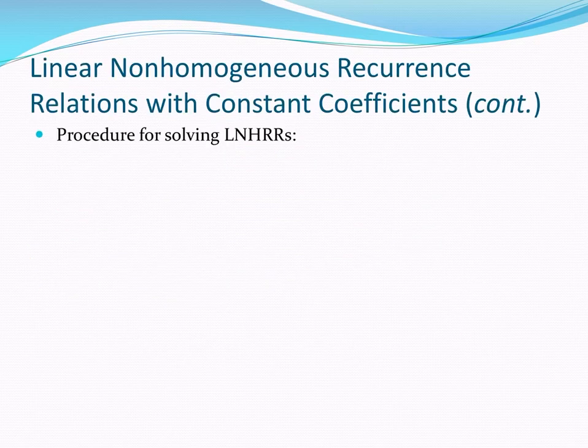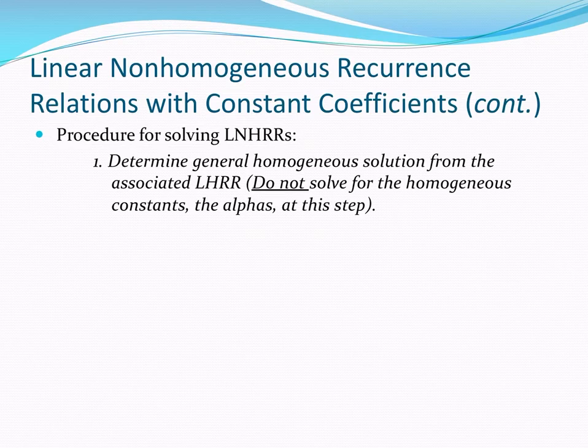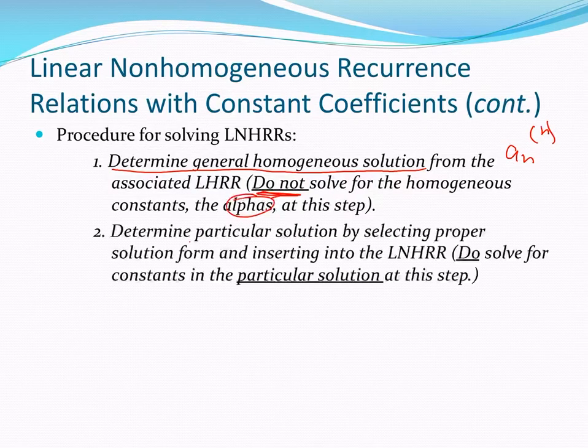Here's the procedure you want to keep in mind for solving linear non-homogeneous recurrence relations. First, we tackle the homogeneous recurrence relation, find the general homogeneous solution, and write it down. That's going to be the ANH. But we do not solve for the alphas at that step. We'll do it at the very end. Now we determine the particular solution by selecting the proper form.